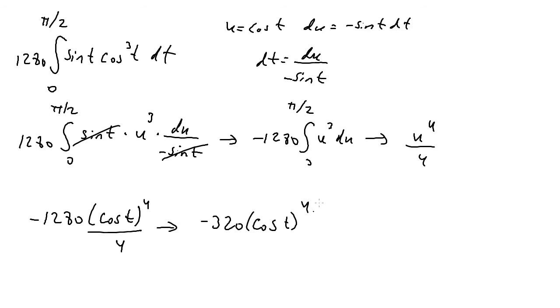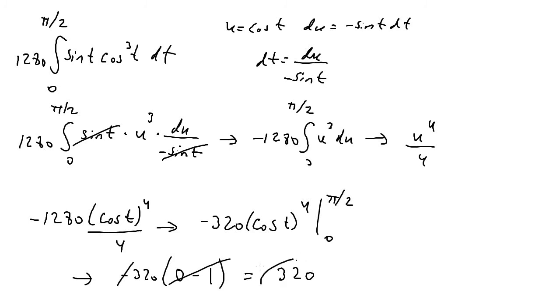So now we can evaluate from the t bounds of 0 to pi over 2. So when I plug in pi over 2, we'll get negative 320 times cosine of pi over 2 is going to be 0, 0 to the 4th is 0, minus cosine of 0 is going to be 1, 1 to the 4th is 1. So basically we have negative 1 times negative 320, so the negatives will cancel, and so we're left with the final answer of 320.